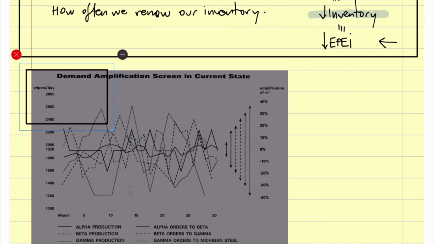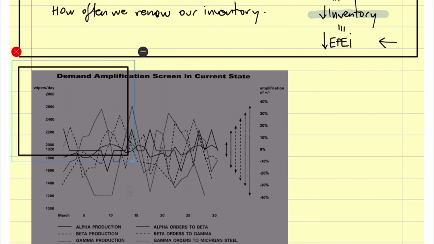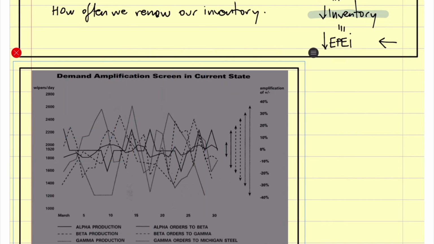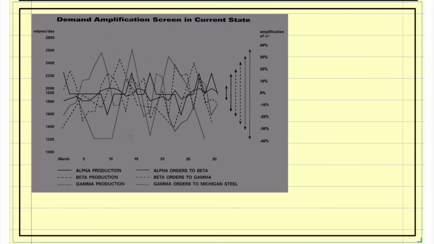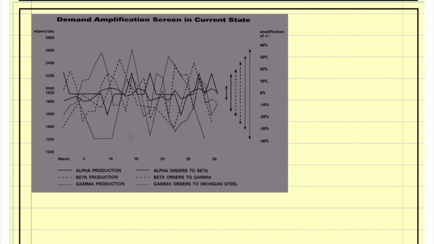But the demand amplification screen is a very powerful tool to describe a lot of information in just one image. Okay, what is it describing here? What are we dealing with here? Well, we see a bunch of lines, but let's take alpha production.